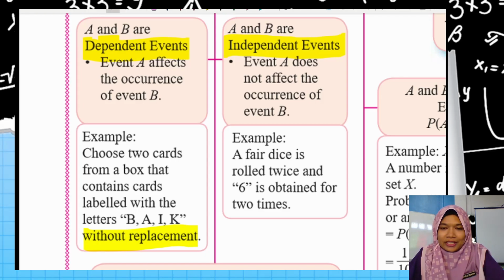This means that when you roll a dice for the first time, you get 6. Will you not get 6 for the second event? No, you can also get 6 for the second event, because the first event does not affect the second event. This one is known as an independent event.